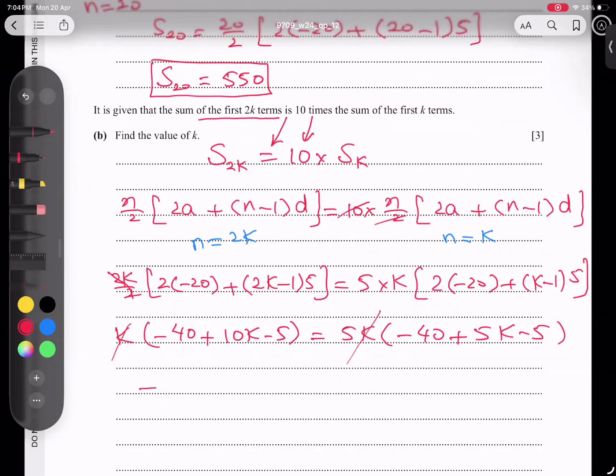I'm getting negative 40, negative 45, plus 10k, which equals 10 times the expression. But first I simplify inside: 5k minus 45.